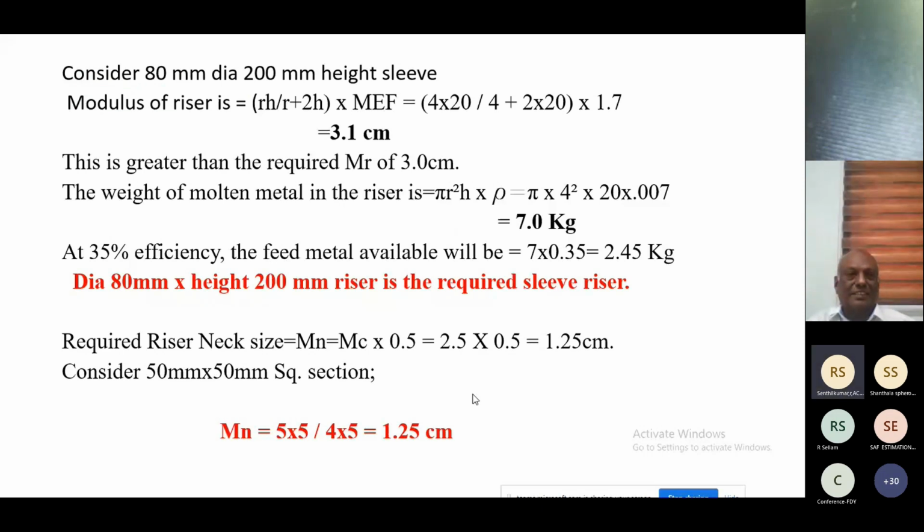Now let us consider the 80 mm dia and 200 mm height sleeve riser. Modulus of the riser is geometrical modulus of the riser into MEF.